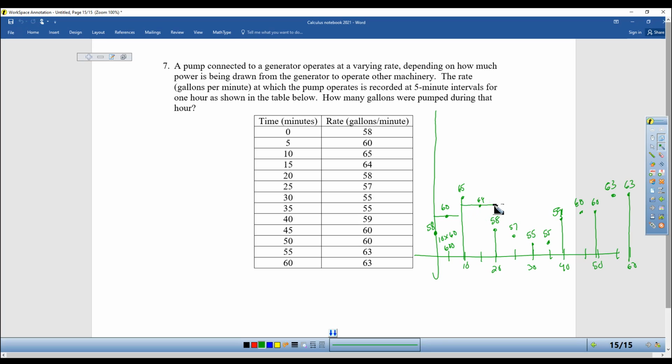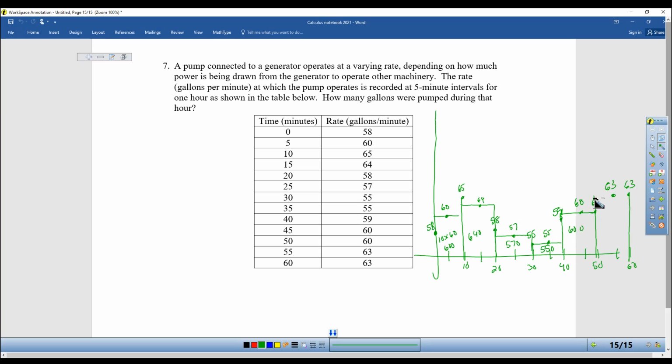And then this one, also 10, this is also a nice number. 10 times 64 is 640. 10 times 57, 570. 10 times 55, 550. So this one's higher. This is the first one I've had to extend this line, 600.